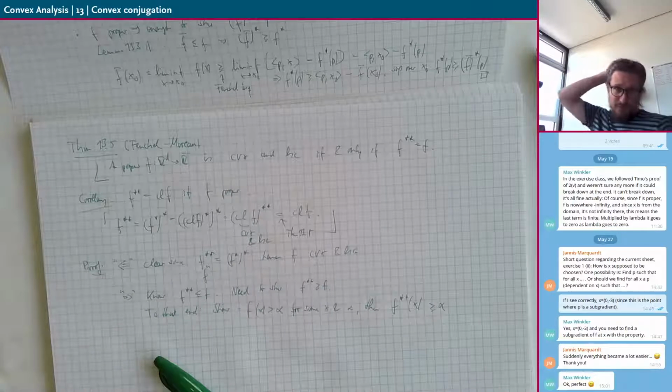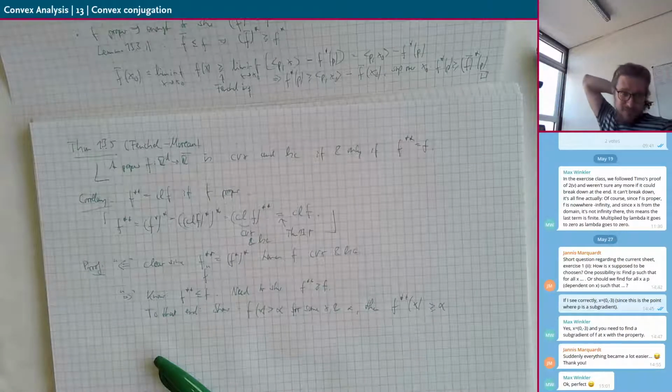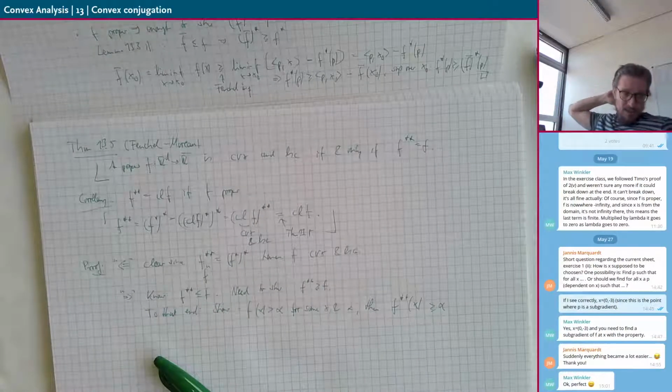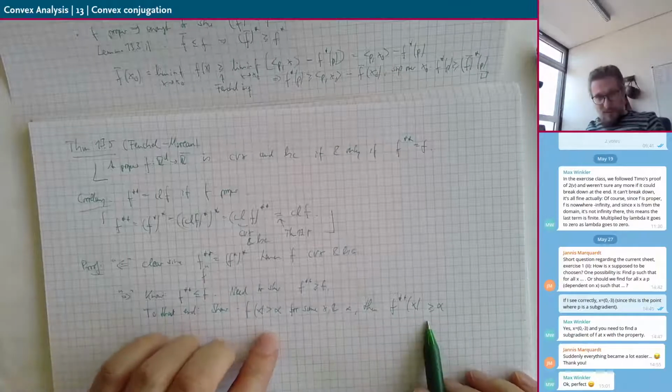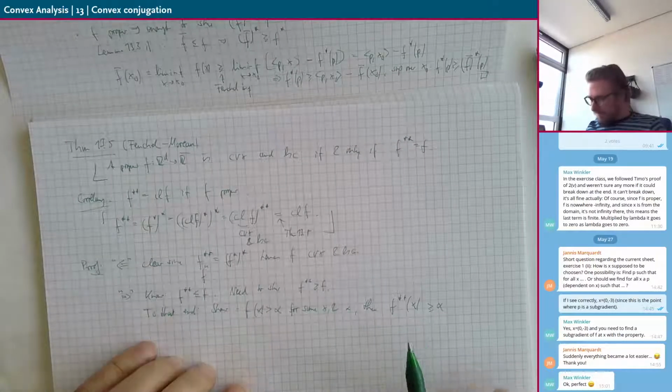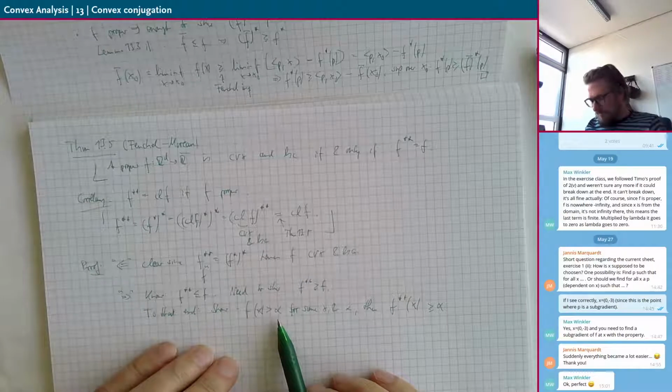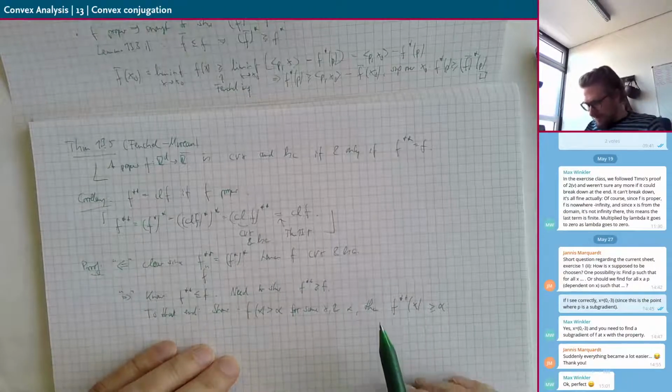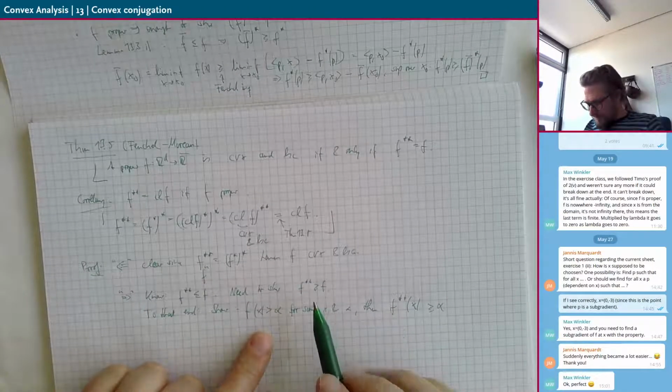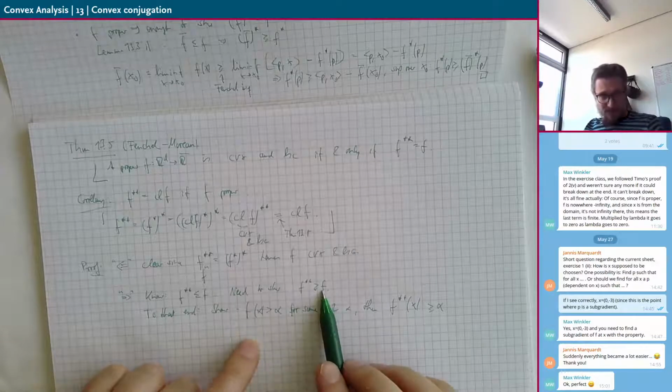So we want to lose the strict inequality, but of course this doesn't matter at all. Yeah, so if we have that, then we are done. And this is then pretty clear, right? If this holds, then f star star has to also be larger equal to f.